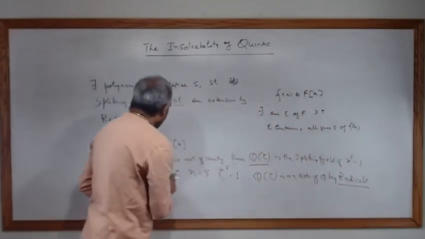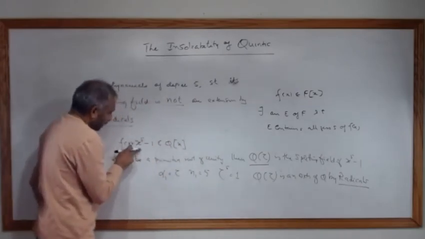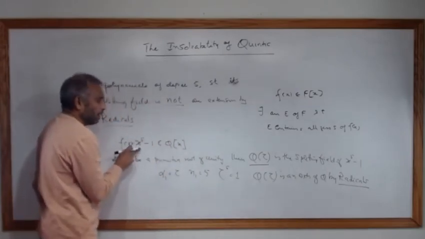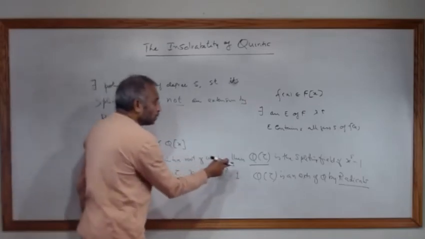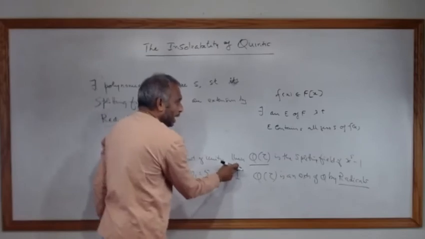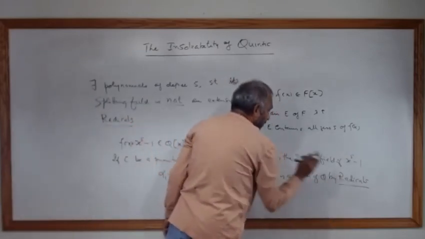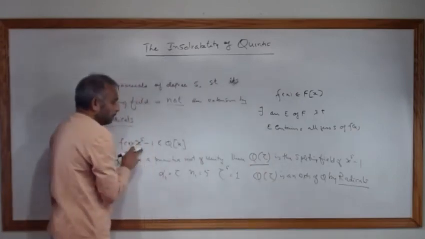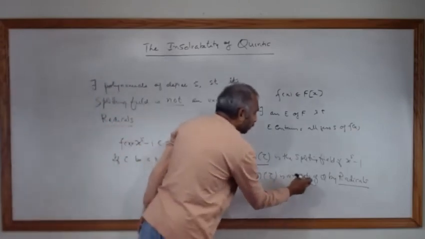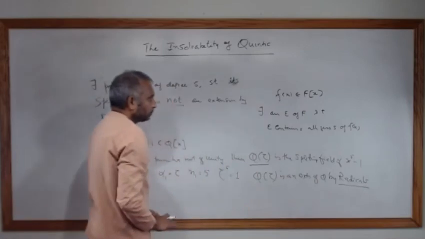So we already have a polynomial of degree 5 whose zeros belong to an extension of Q by radicals. Or in other words, the splitting field of the polynomial is an extension of Q by radicals.